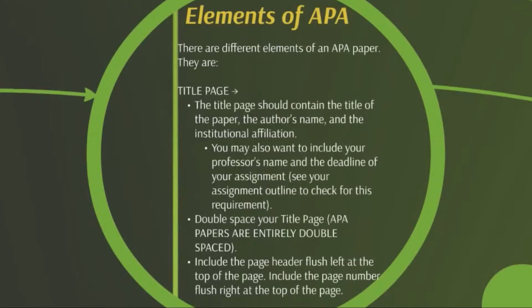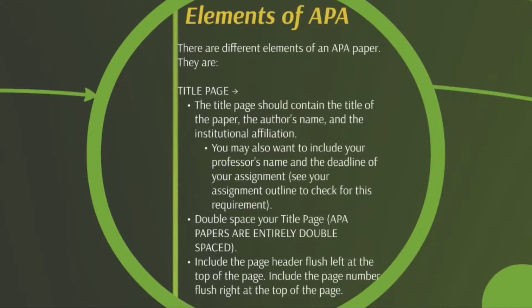There are different elements of an APA paper. They are, firstly, the title page, which contains the title of your paper, the author's name, you, and the institutional affiliation, in our case, Ryerson. You may also want to include your professor's name and the deadline of your assignment. Double-space your title page.